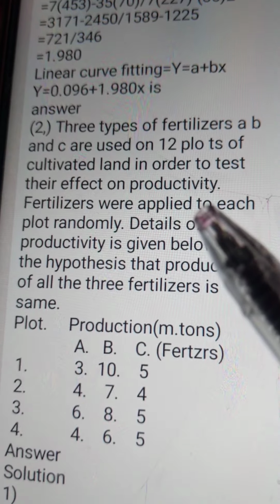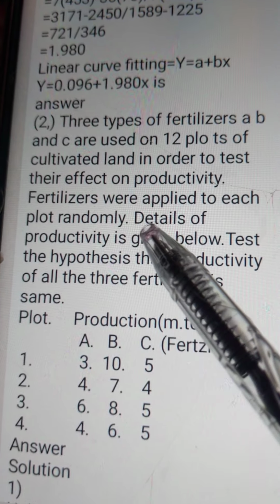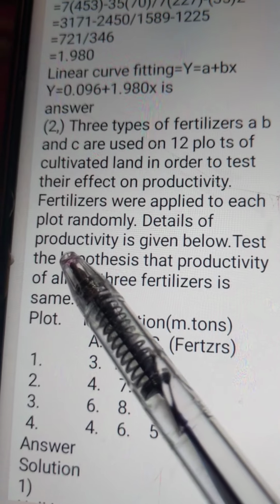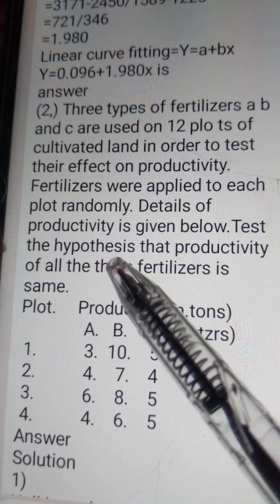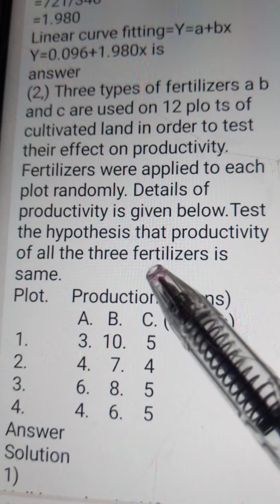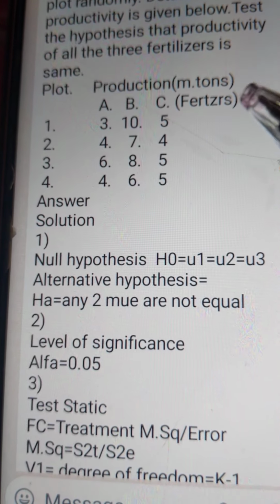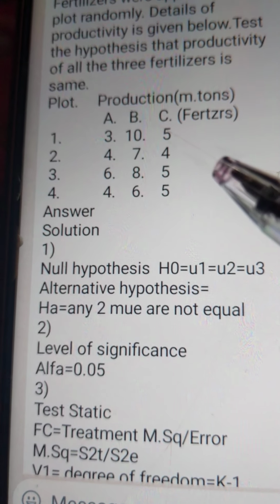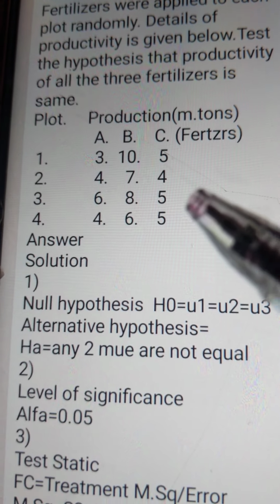Fertilizers were applied to each plot randomly. Details of productivity are given below. Test the hypothesis that productivity of all three fertilizers is the same. Students, we have already discussed the solution of these questions in the class, so I am repeating it once again.